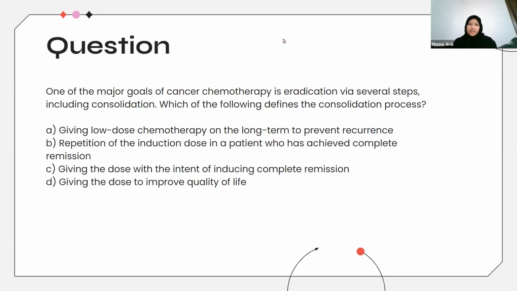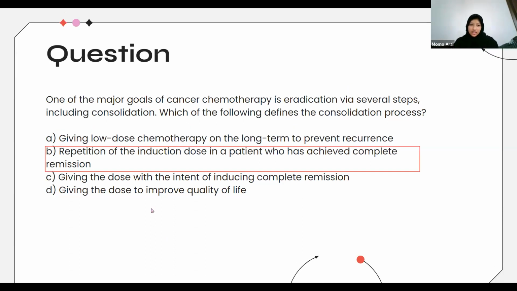Okay, B. Do you guys have other answers? It's a definition-based question, but I wanted you to know what consolidation means if they ask you. So consolidation is B, repetition of dose in a patient who achieves complete remission.